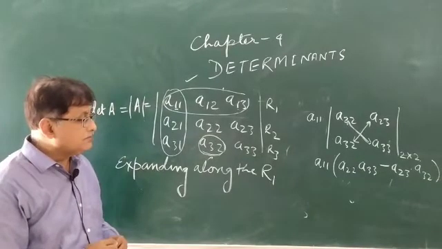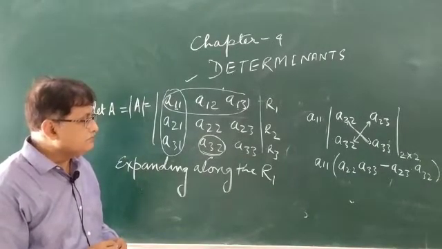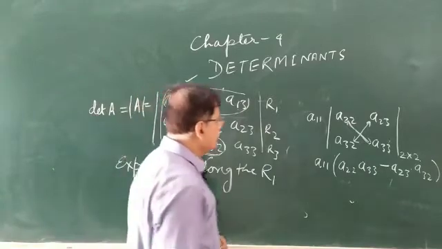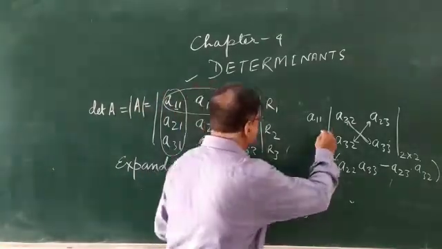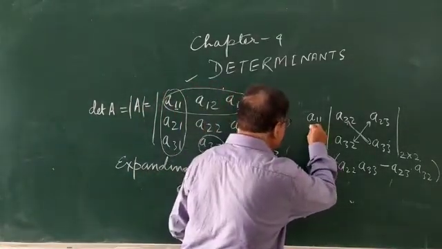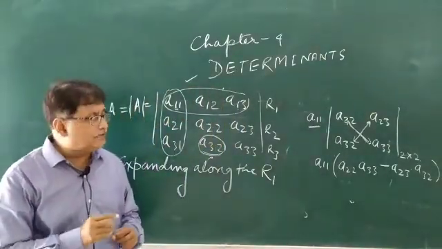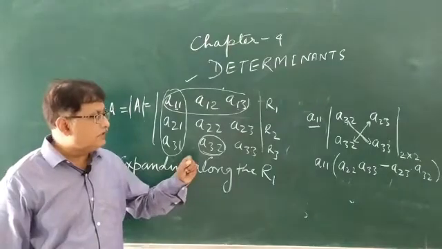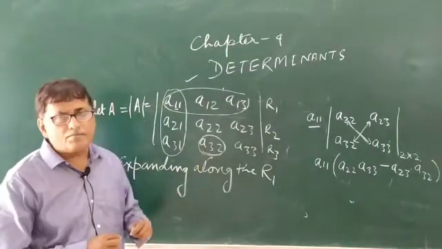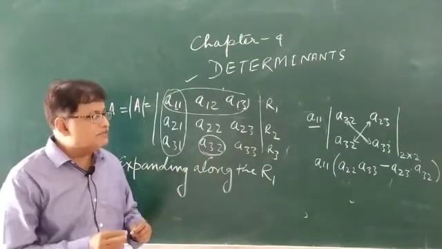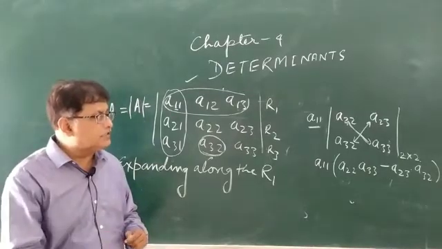But you must be serious about sign of this element. How to get the sign of this element? Because sign is didn't put minus sign, because when you add row and column you get even number.